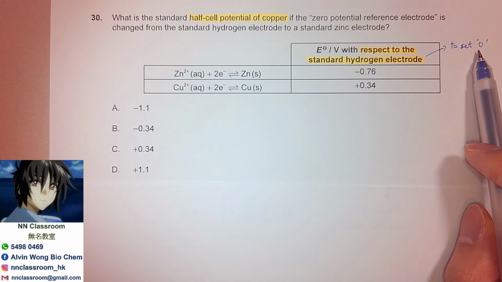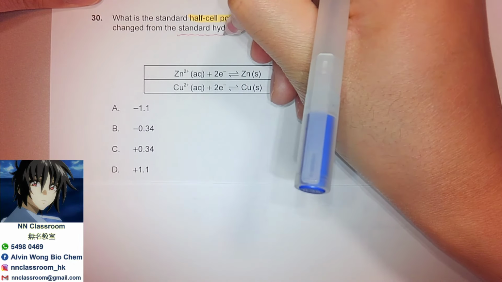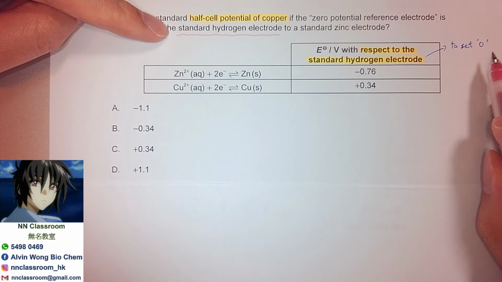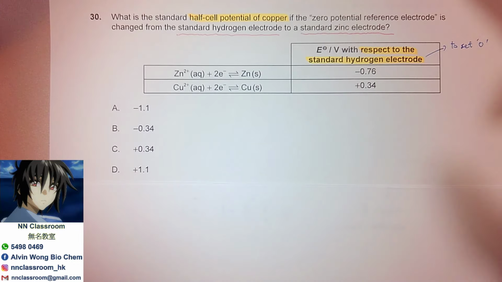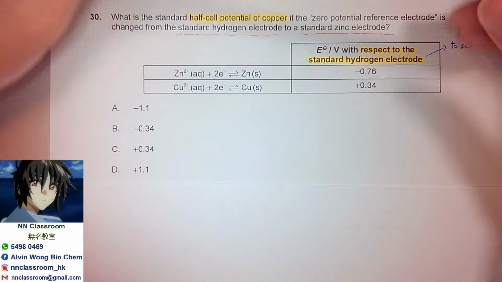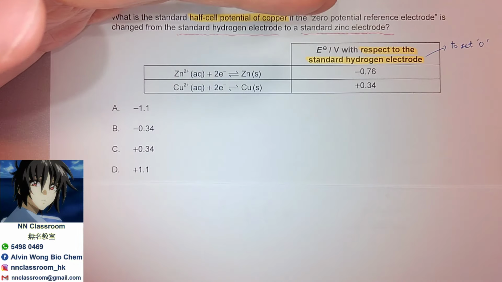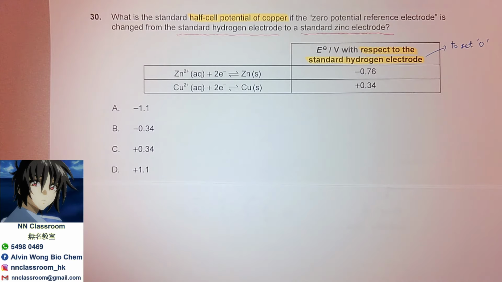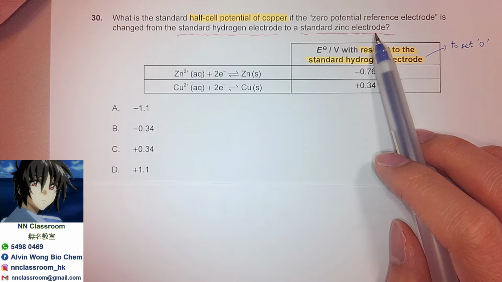If you understand what I'm saying, that means what we are doing now is switching the 0 point from normally hydrogen to zinc. That means the same series should be kept, but we are literally changing everyone in the series by addition or subtraction of a number. The thinking mindset is that we are just switching the zinc electrode to be the reference.